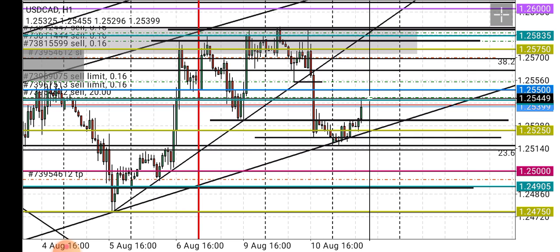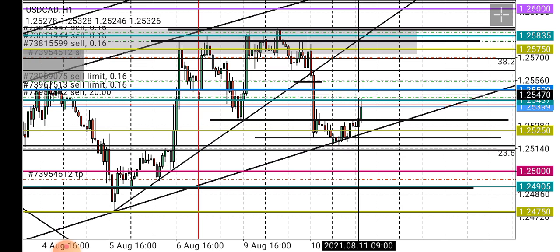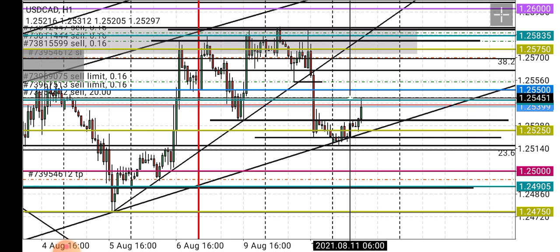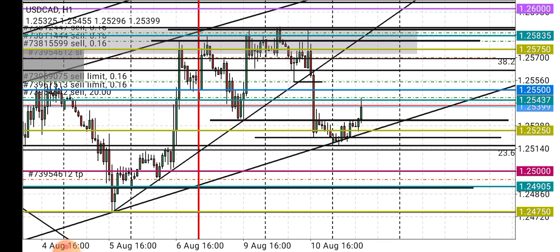Some of my pending orders have been filled, and I'm right in this position now. It's an FTMO demo, free demo. This is the USDCAD sell, 20 lots.